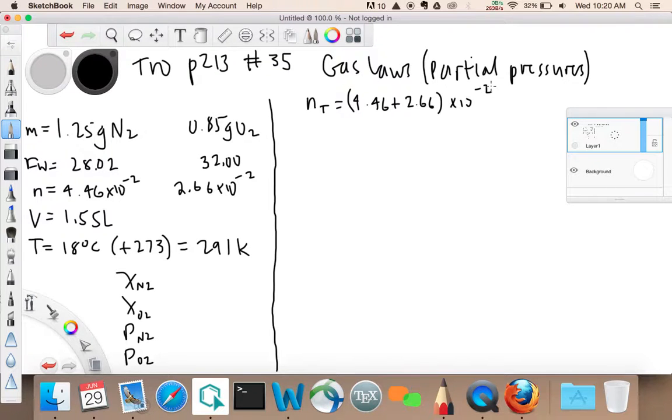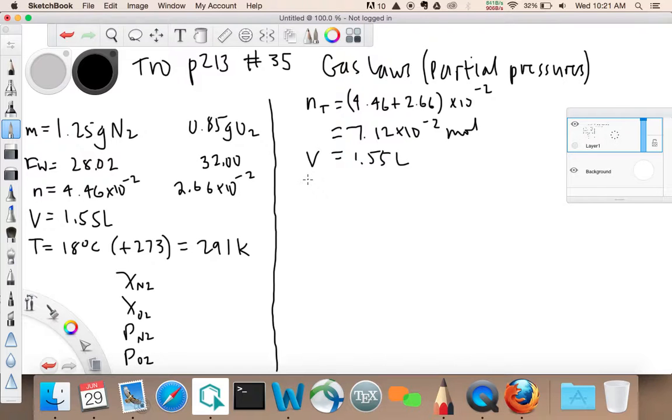Plus, 0.04461099931. Enter, and it comes out to be 7.12 times 10 to the minus 2 moles, right? That's N total. What is V total? 1.55 liters.